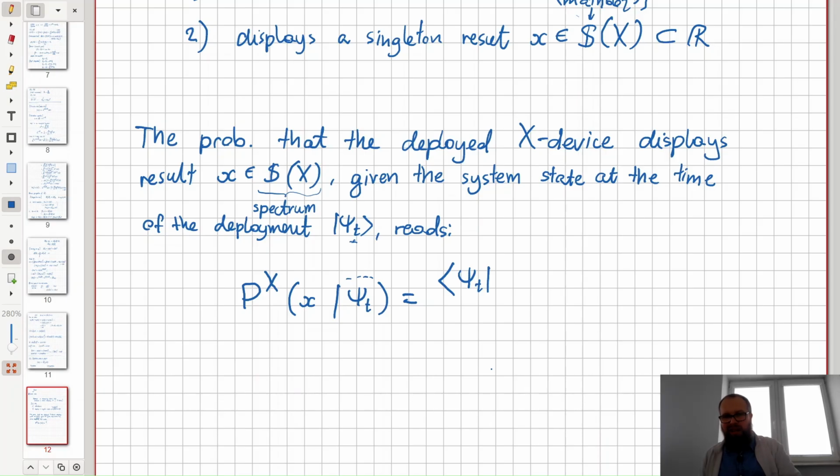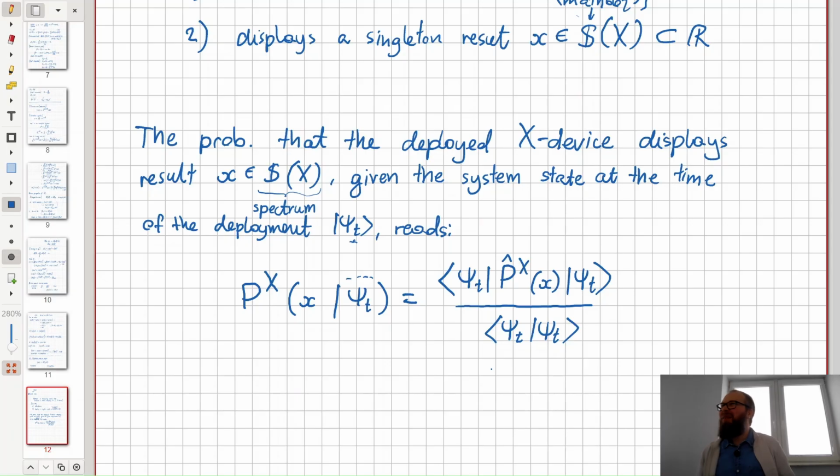We have a bra, and here we have a mysterious operator P with a hat. This doesn't have a hat, so this is a number. X also, because there will be an association with the observable. Argument of x, psi t, divided by the norm of the state.